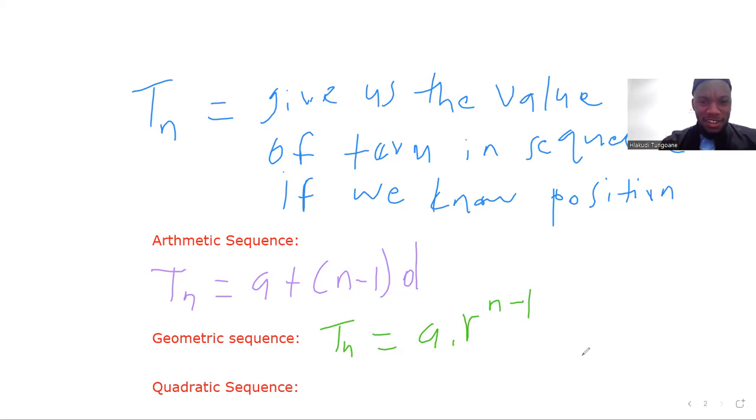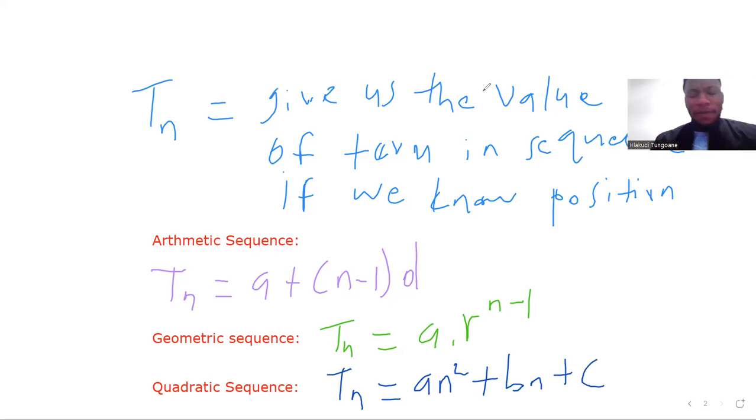Then for quadratic sequence, Tn is given by A n squared plus Bn plus C.